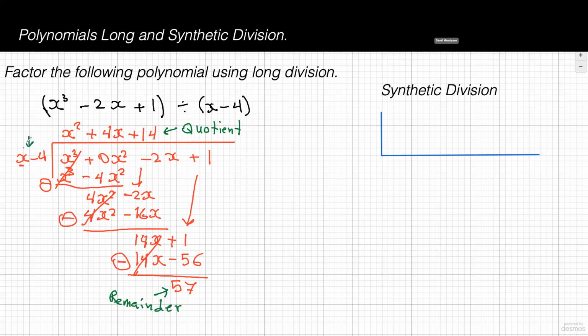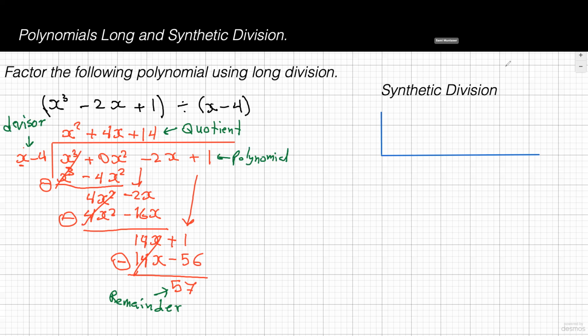And this here, the x - 4, we call it the divisor. And this is your polynomial right there. Okay. And that's basically it with long division.